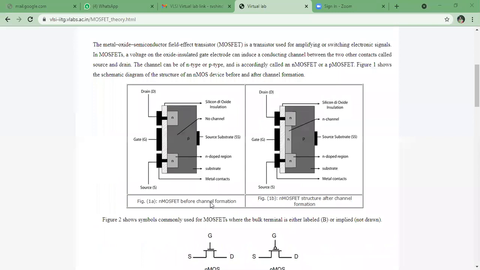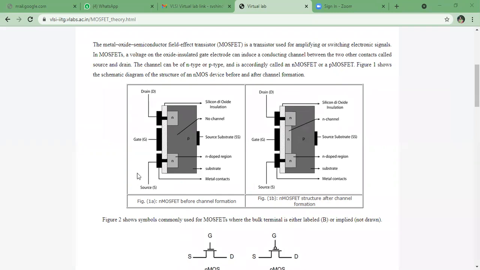Before the channel gets formed, as we know, when the threshold voltage is available between gate to source, then only sufficient electrons will accumulate in the channel, and then the current will start flowing through the N MOSFET.